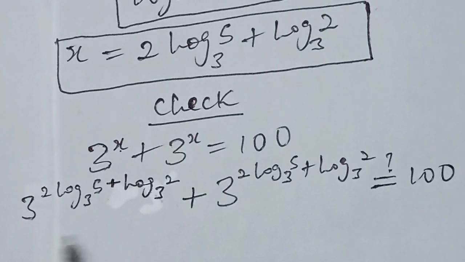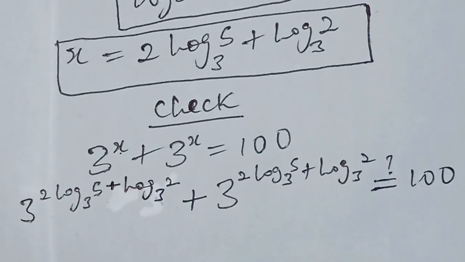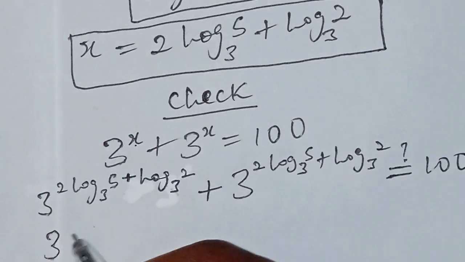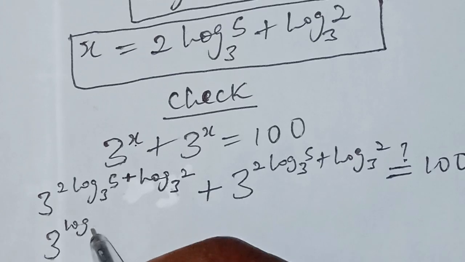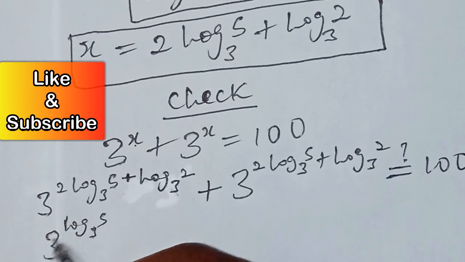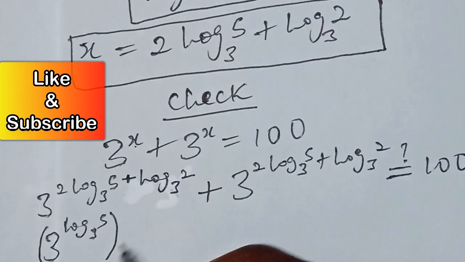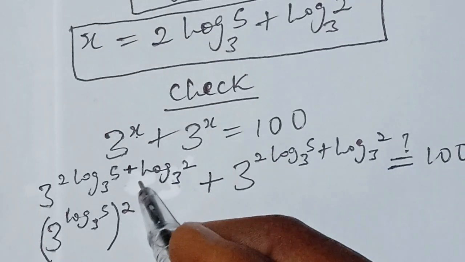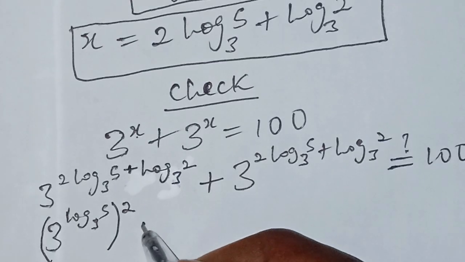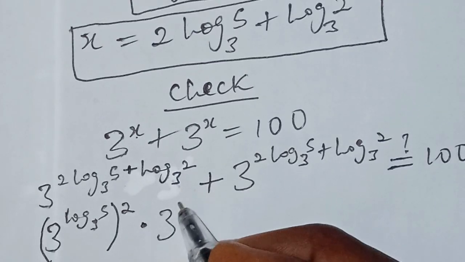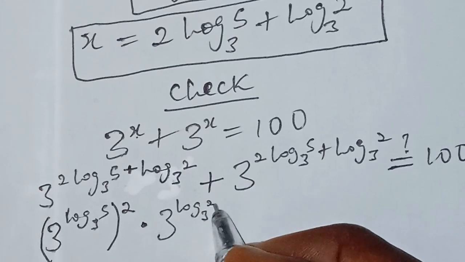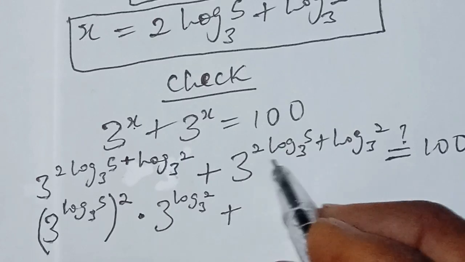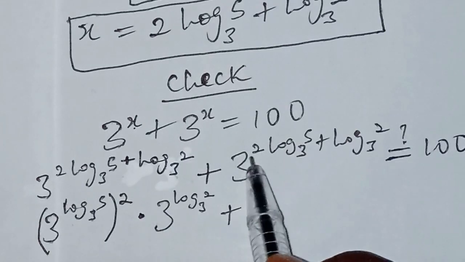Okay, so now what we can do is to write this as 3 raised to log base 3 5, we put the bracket raised to power 2, then we also have multiply by 3 raised to log base 3 2, plus the same way we approach this.